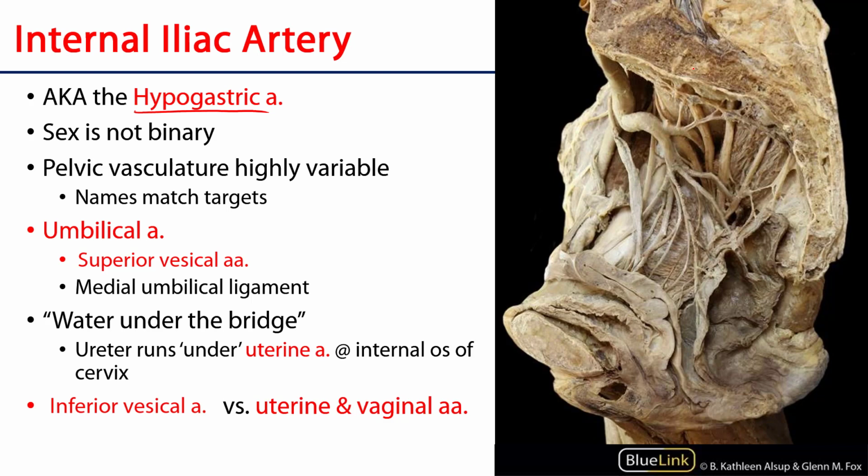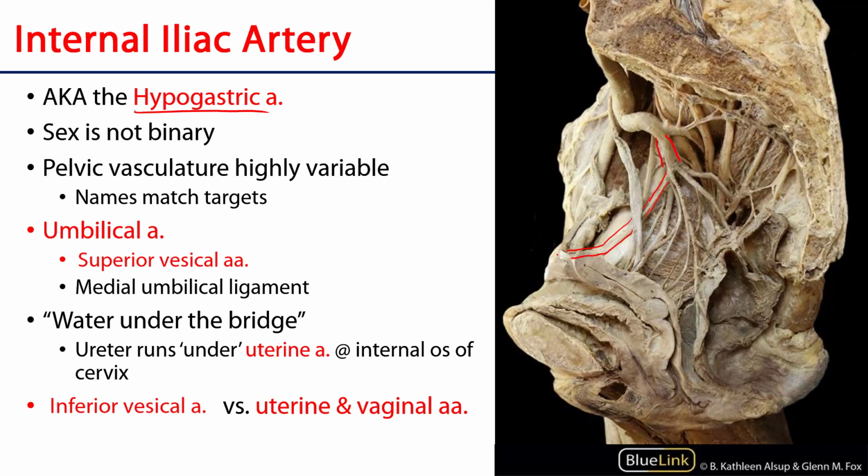In terms of what we care about, there is this lovely artery here, which is called the umbilical artery. So there's one from each internal iliac artery, or anterior division of the internal iliac artery, which is that part of it. This artery heads out laterally, and when it gets to the anterior abdominal wall, it is obliterated.